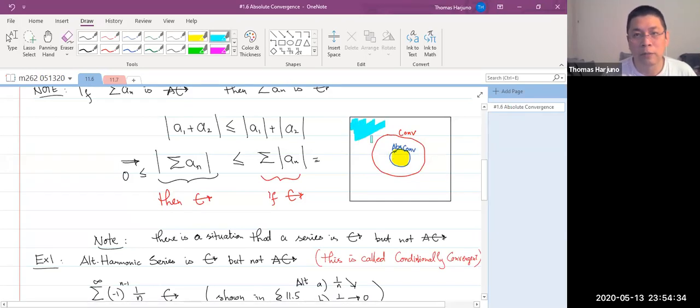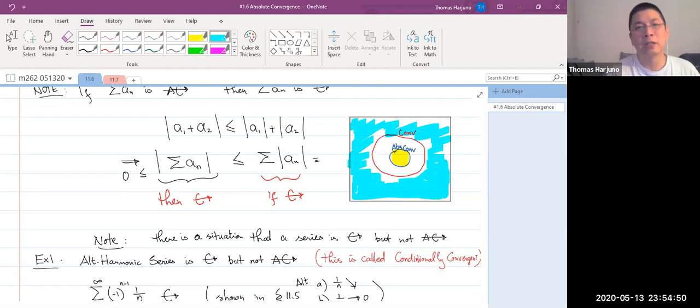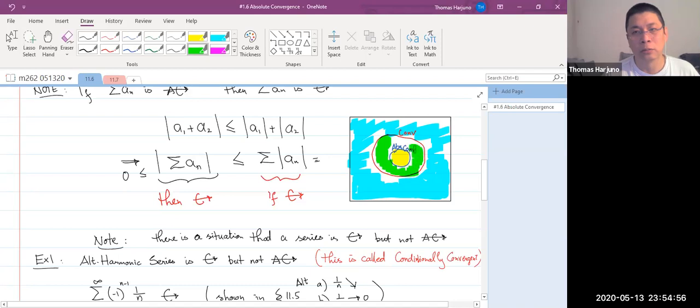It is possible the series is convergent, just not absolutely convergent. You can have a situation where it is conditionally convergent. So if you check the absolute convergence and it turns out to be not absolutely convergent, you cannot say that it is divergent.